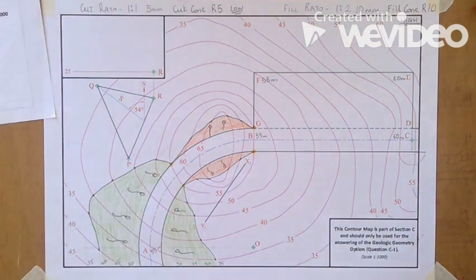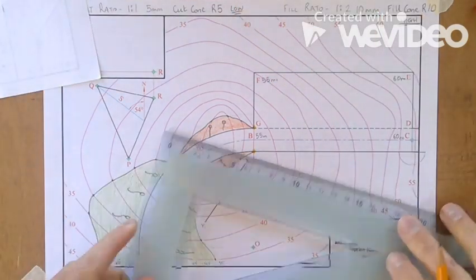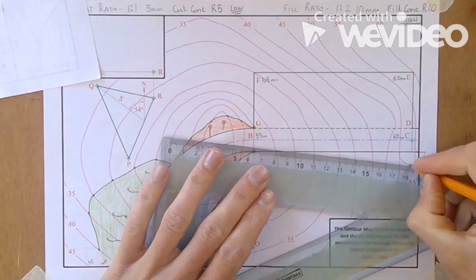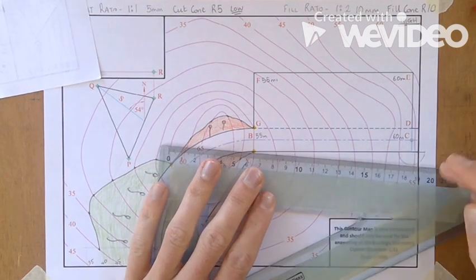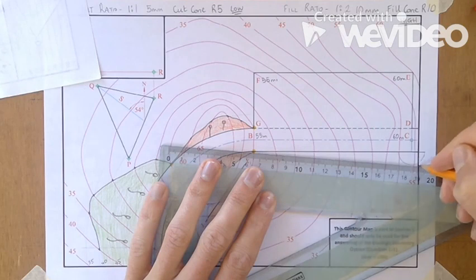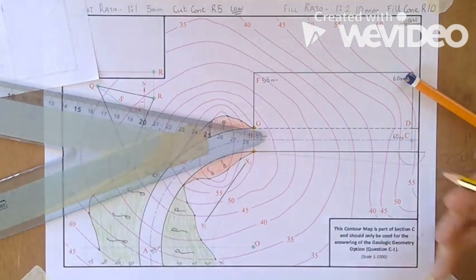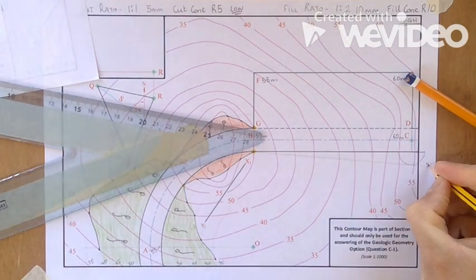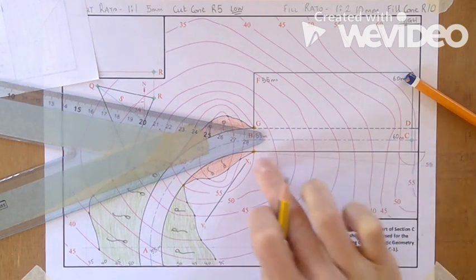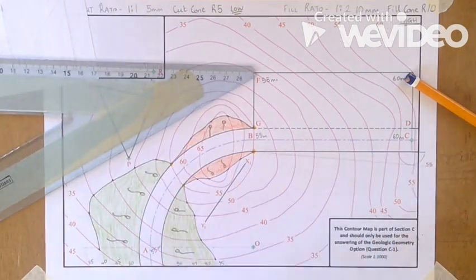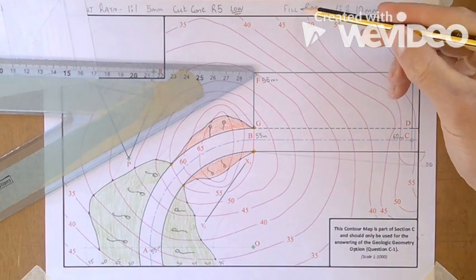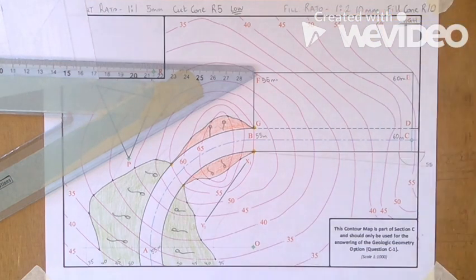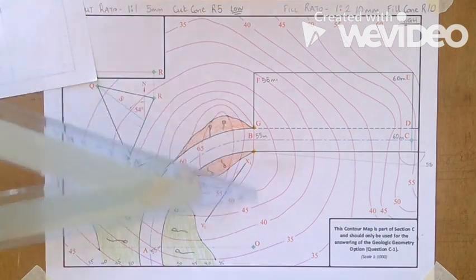Now, if I join that back to B, the top of the cone has a tangent to B. The height of that line is 55 because that line starts at B, which is at a height of 55. Now, for our fill interval, it's 10 millimeters. So what I need to do now is put more lines in that are 10 millimeters apart, parallel to this line.